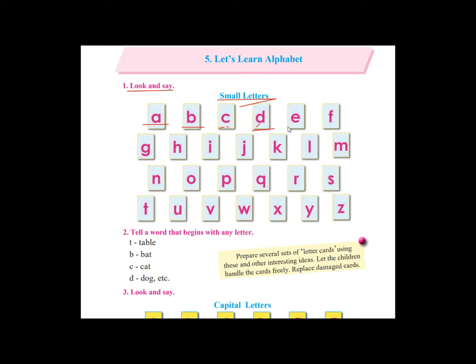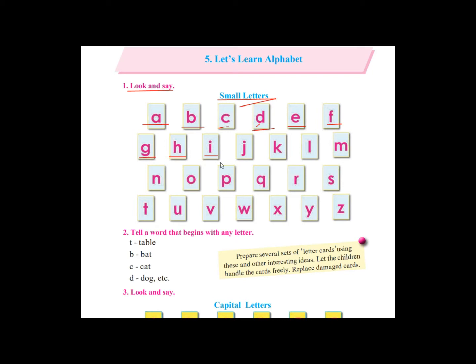This is E. E for elephant. This is F. F for fish. This is G. G for grapes. This is H. H for hen.